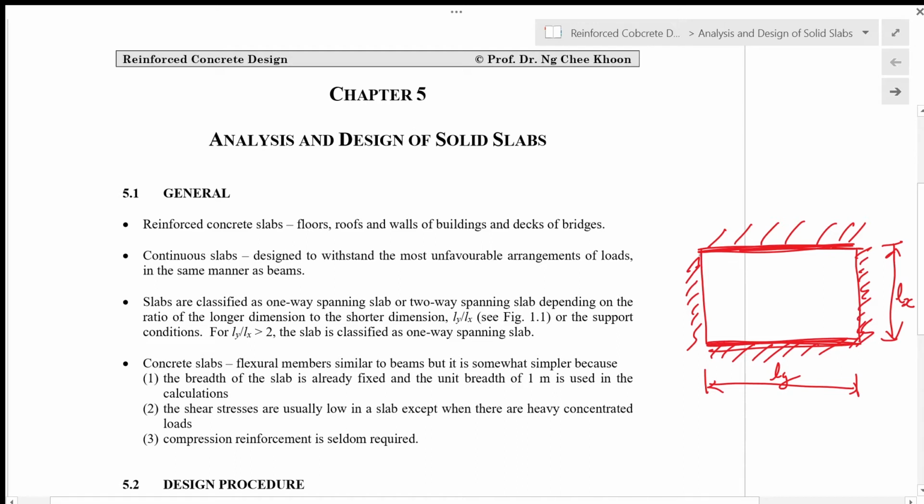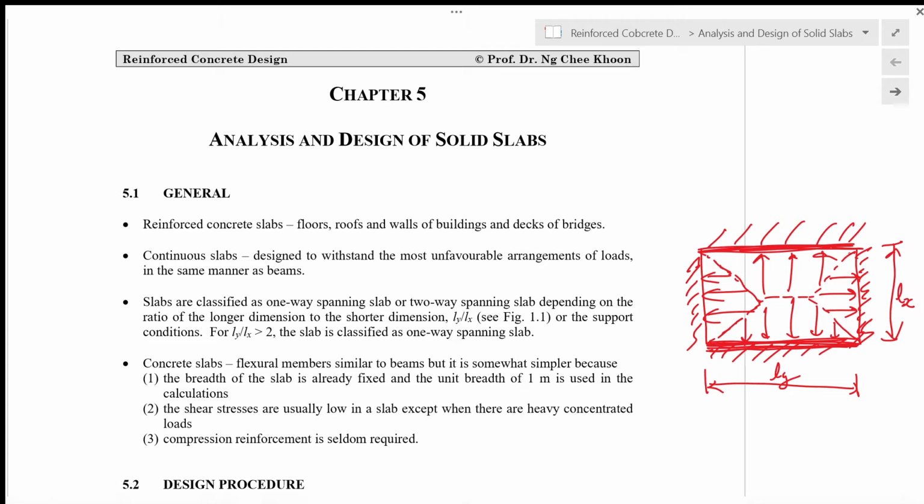In this case, the load will be transferred in both directions, where the shorter support dimensions here will carry a triangular load, and the support on the longer dimension side will be supporting a trapezoidal load. That is the difference between a one-way spanning slab and a two-way spanning slab.